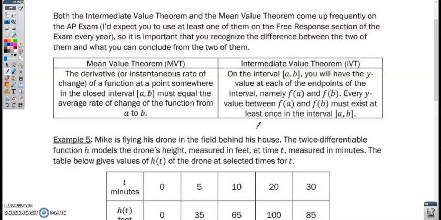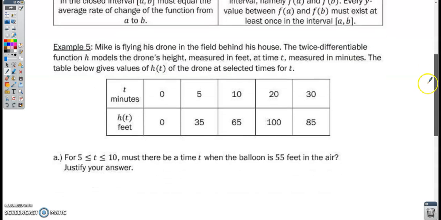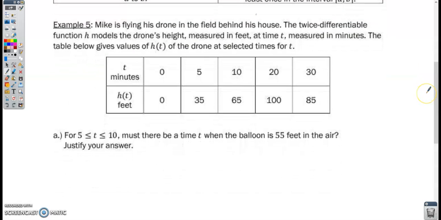Here in example 5, we're going to use both the intermediate value theorem and the mean value theorem because of the way these questions are asked. Mike is flying his drone in the field behind his house. The twice differentiable function h models the drone's height measured in feet at time t measured in minutes.